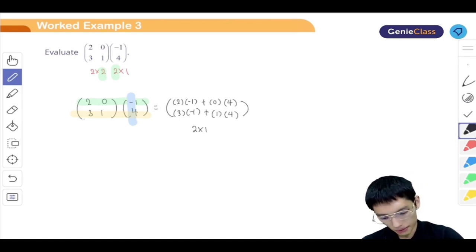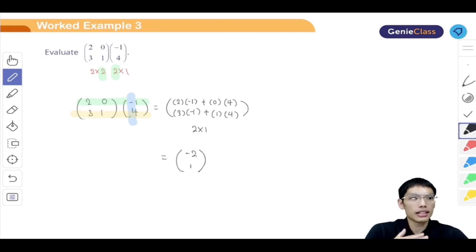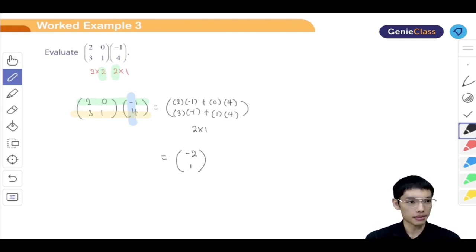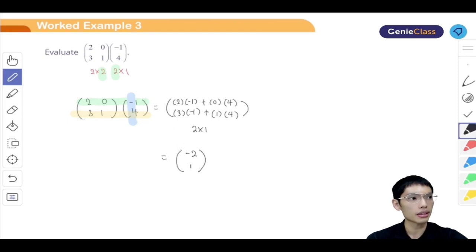This will then simplify to give me minus 2 and in this case 1. Right? So I hope you get the understanding as we go by. Very good. That's actually the working I'm looking out for. And in this case, take note of the working there. You guys are doing very, very well.